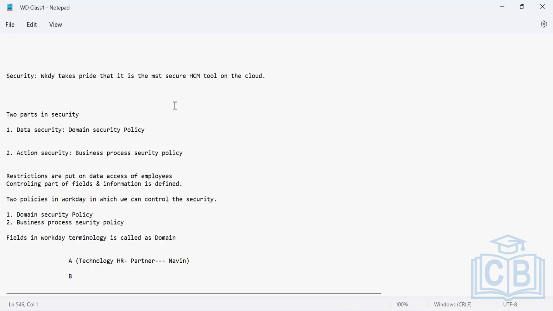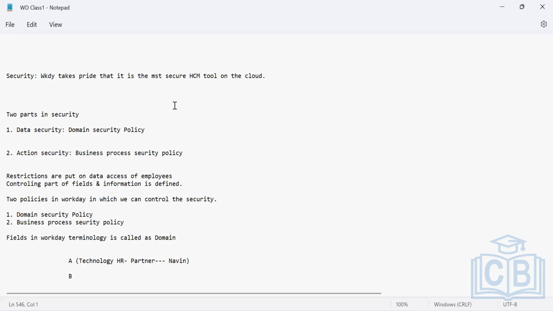Tell me. Anybody, guys? It's very simple. I have given you the answer also. Personal details, absolutely correct. Your dependent details, your bank information, your benefits, all the things you can access in Workday, right?